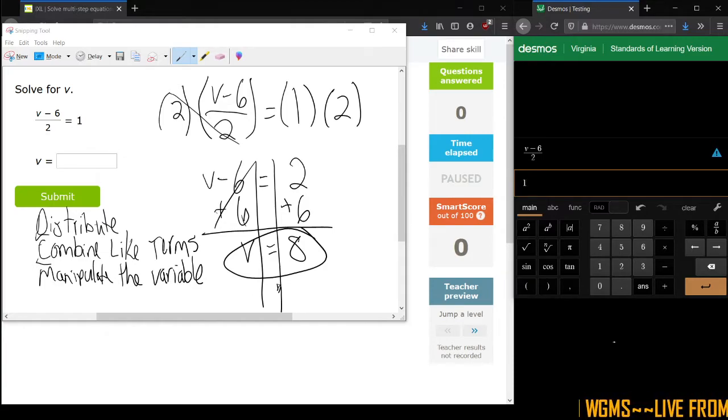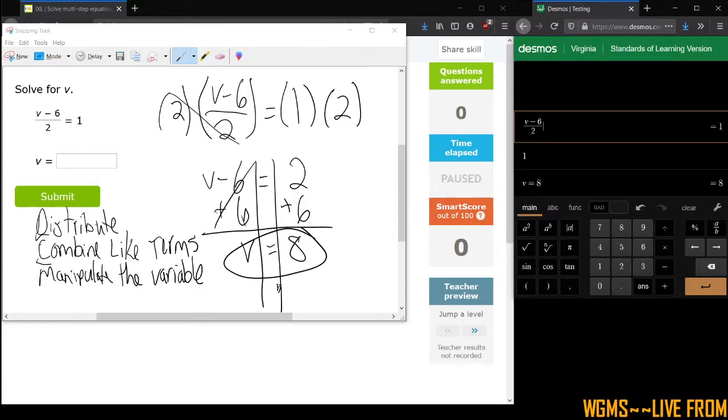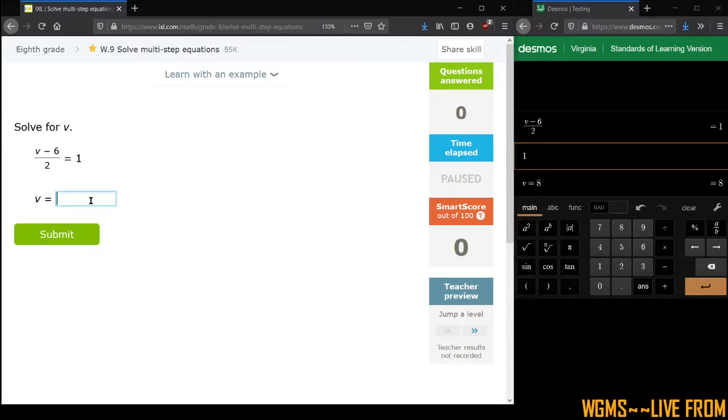So what I'm trying to do is I'm trying to set these two lines in the calculator equal to each other. Again, the only equal sign I need is when I define my variable, and I'm saying if v equals 8, these two should be equal. And again, we see that because we're saying that, hey, this is equal to 1, which is our right side of the equation. So we know we are good with v equals 8.